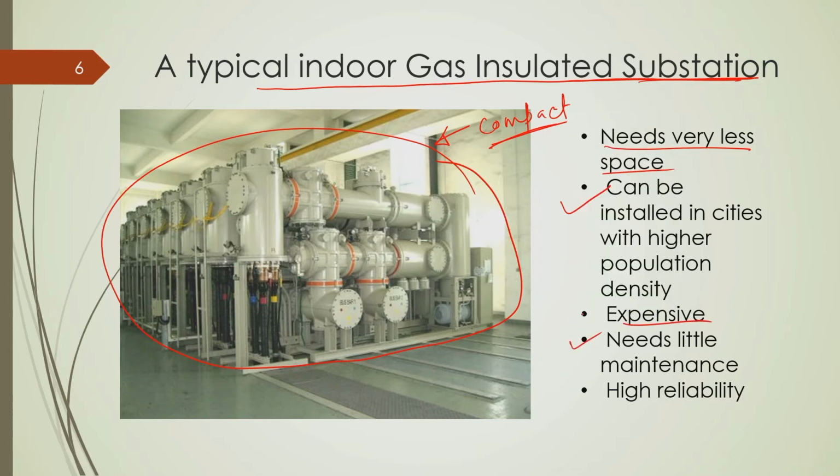They need little maintenance and are of high reliability. They do not get exposed to the atmosphere, so there is no problem if there is a huge storm or severe rain. So, they are somewhat maintenance free as well.